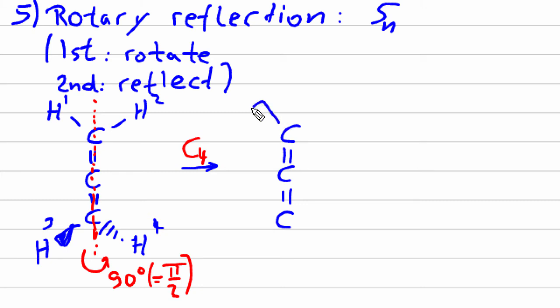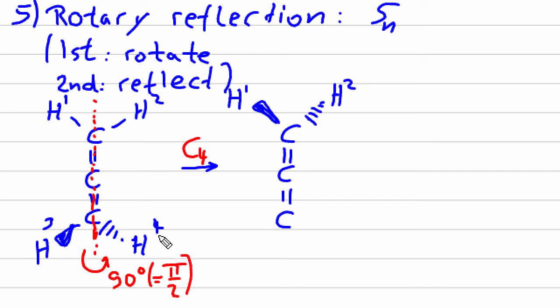It moves towards you, meaning we need to draw it with an arrow which indicates that. So this hydrogen atom number 1 is now pointing towards you, and this hydrogen atom number 2 is now suddenly pointing away from you.